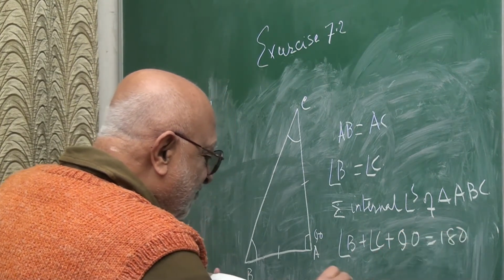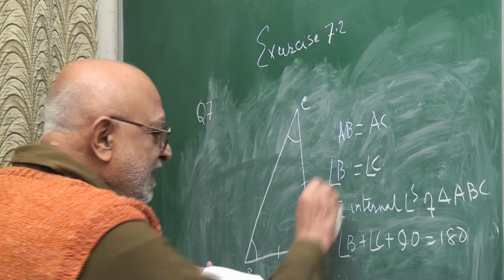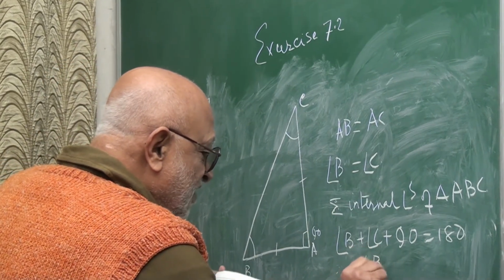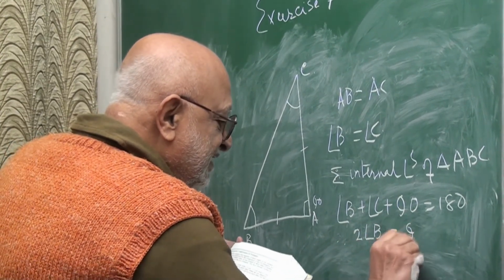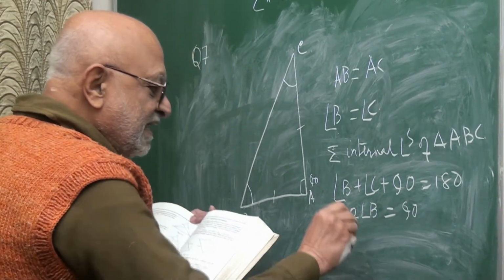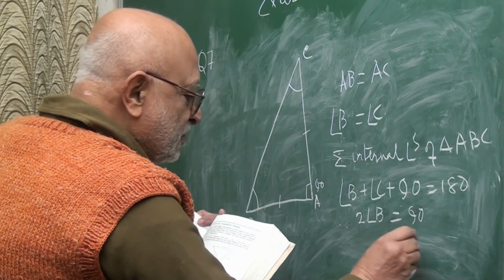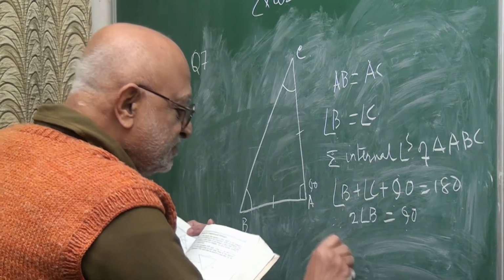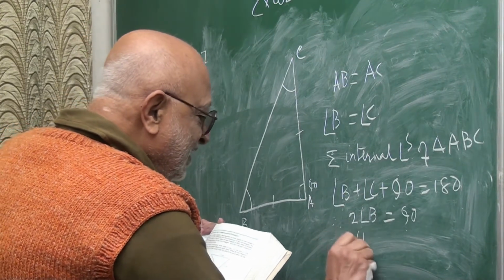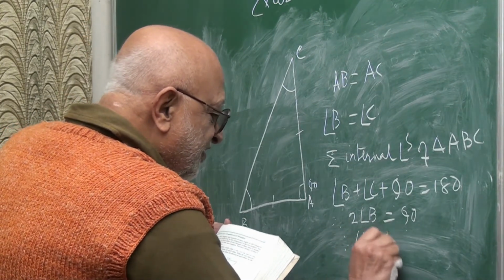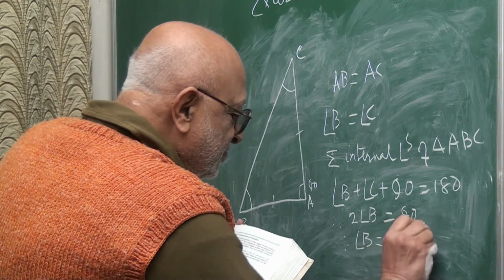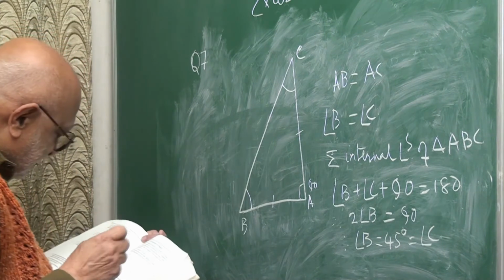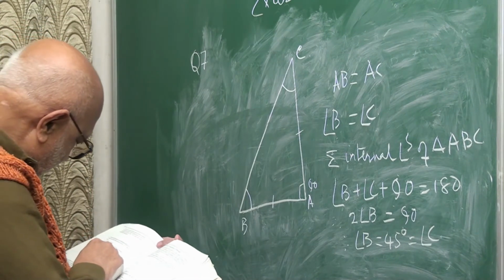Now B equal to C, therefore twice angle B would be equal to 90 degrees. The 90 goes across, so this is 2B equal to 90. Therefore angle B is equal to 45 degrees, that is equal to angle C. So these are very simple questions. Don't get it complicated.